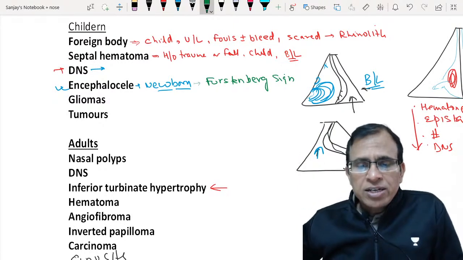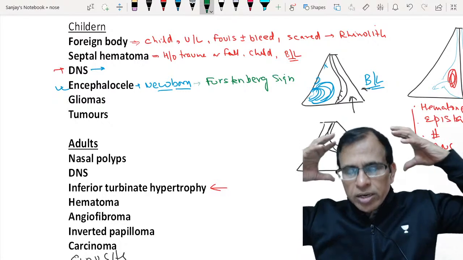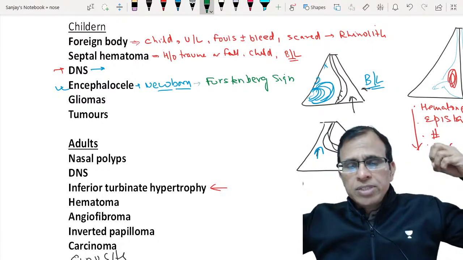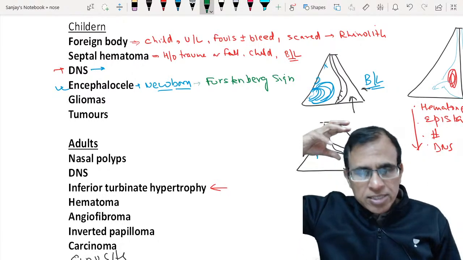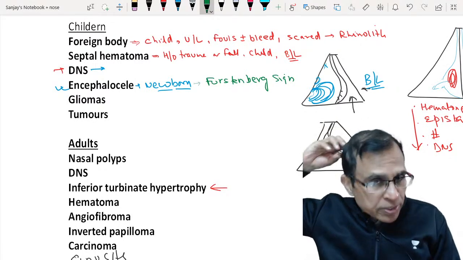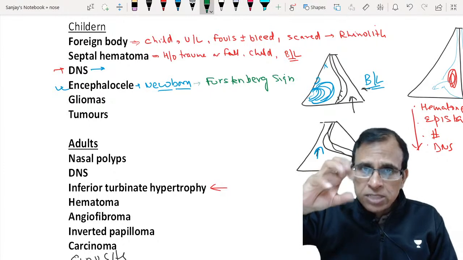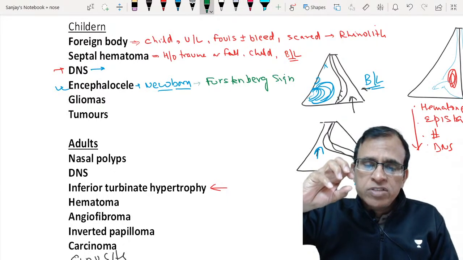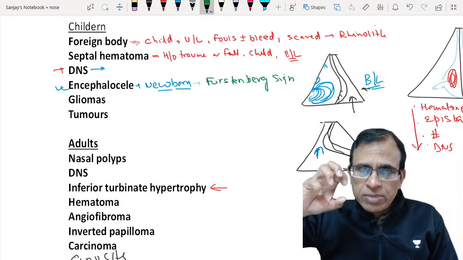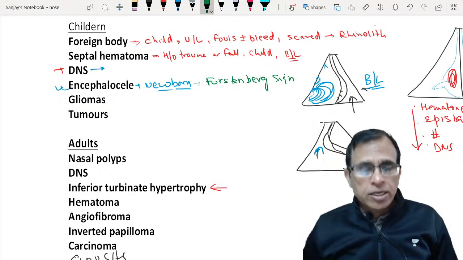So every time the child cries, we all know when you cry, your intracranial pressure rises. So every time the child cries, the pressure in the brain rises, and that brain pressure gets transmitted into the encephalocele through that connection. So this encephalocele expands every time the child cries, and this is called Furstenberg sign.